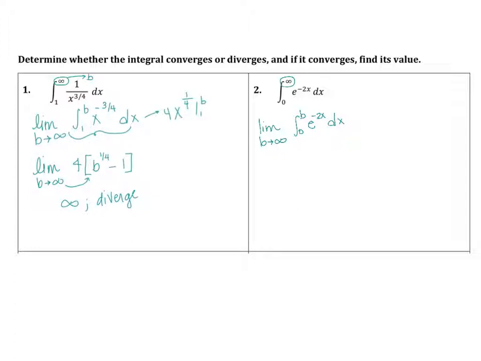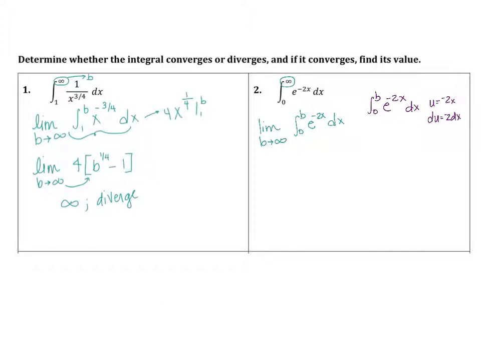So I'm going to work on the integral over to the side, and it might be a good idea. Over here, we're going to need to do a u-sub on that if I'm integrating from 0 to b of e to the negative 2x dx. We can let u be negative 2x, so then du is negative 2 dx.